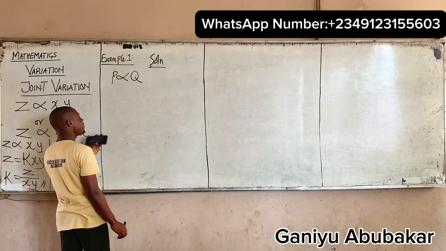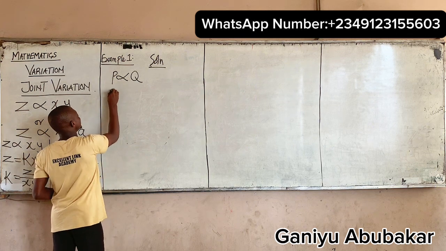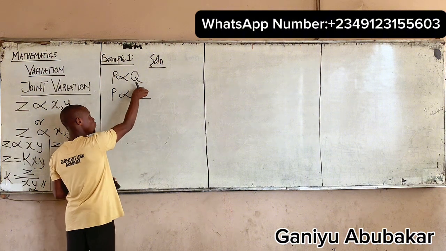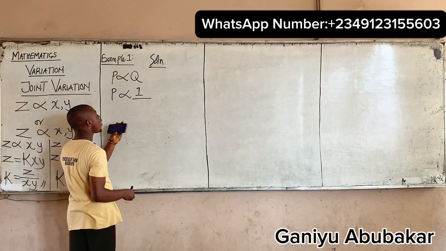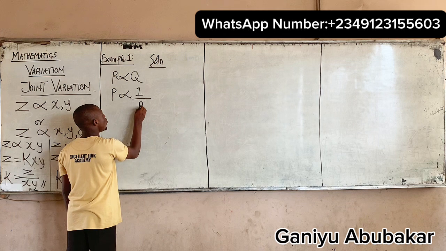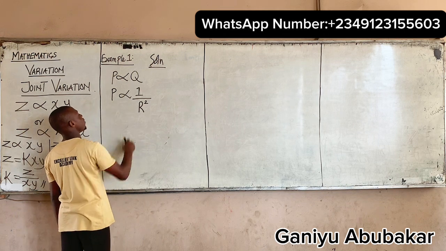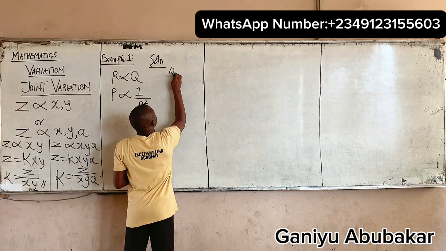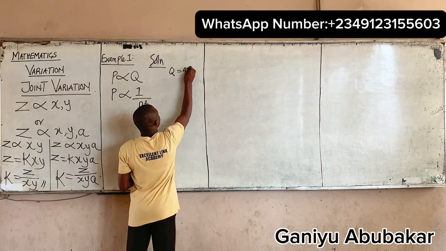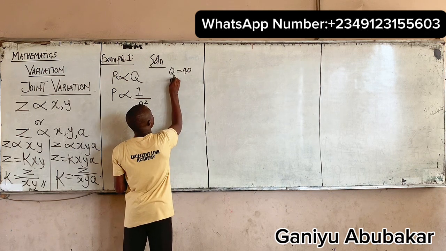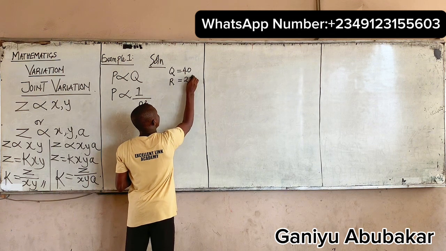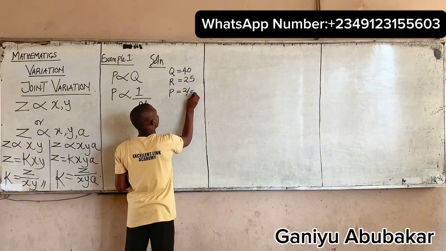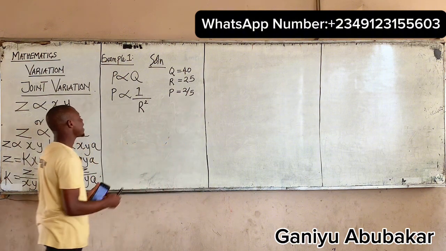And that same P is inversely proportional, 1 over, the square of R. So I'm given that Q is 40, R is 25, and P is 2/5.